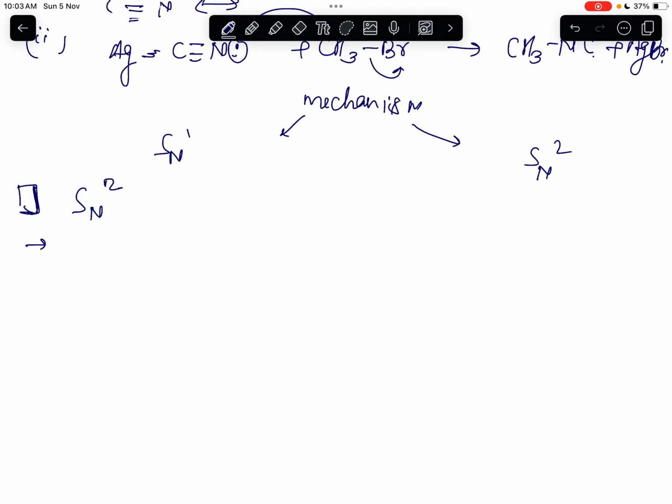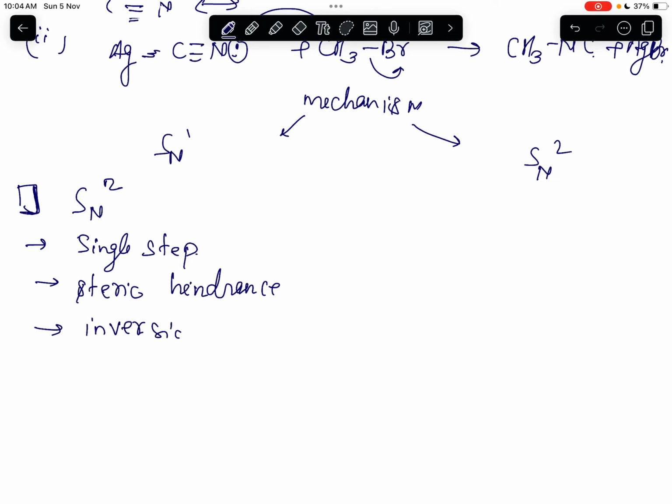The order of the reaction is second and it is a bimolecular reaction with a single step. Here steric hindrance plays the most important role in determining the rate of reaction, and in the end inversion of configuration takes place.